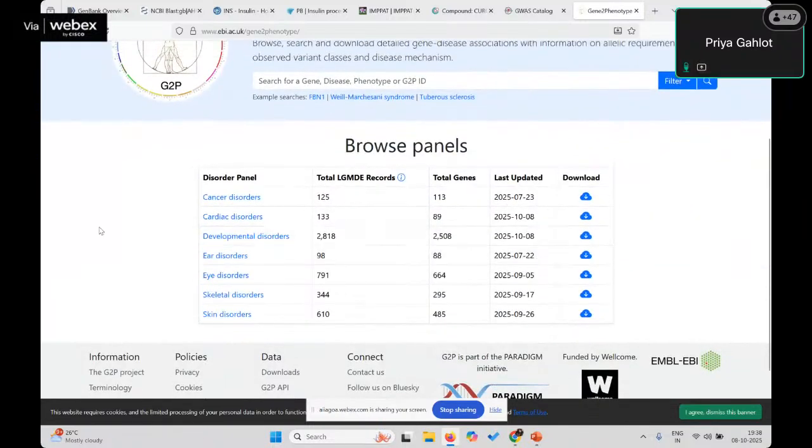It is not a very huge data set and right now has certain limitations, but it can provide you data for cancer disorders, cardiac disorders, developmental disorders, ear disorders, eye disorders, skeletal and skin disorders.